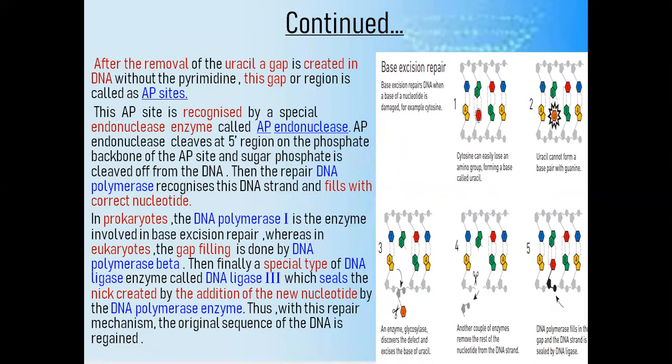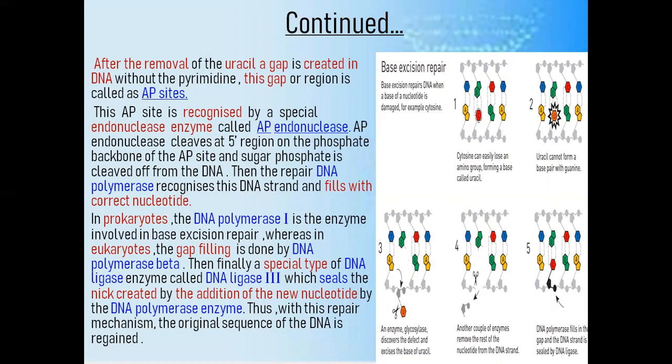This AP endonuclease cleaves at the 5' region of the phosphate backbone of the AP site, and the sugar phosphate is cleaved off from the DNA. Then the repair DNA polymerase recognizes this DNA strand and fills it with the correct nucleotide. In prokaryotes, DNA polymerase 1 is the enzyme involved in base excision repair, whereas in eukaryotes the gap filling is done by DNA polymerase beta.